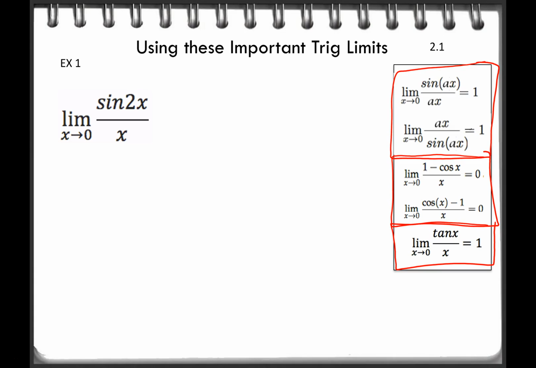All right, let's take a look at this problem right here. On this problem, we have sine 2x over x is equal to. Well, unfortunately, we're missing a number here that we need. And what's that number? If you said 2, you're correct.